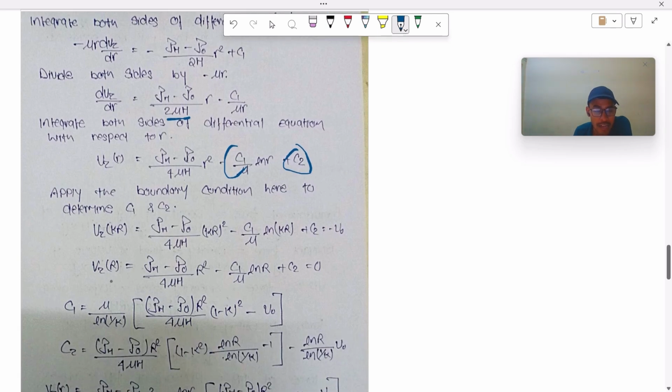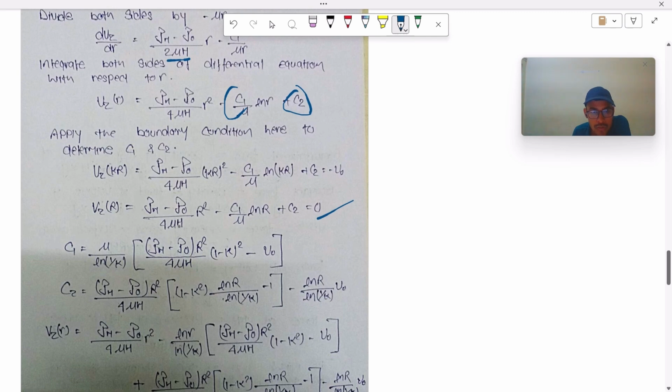And at r is equal to capital R, we have velocity 0, which is the no slip boundary condition. So on solving, we get C1 is equal to mu upon ln 1 by kappa, change in modified pressure into R square upon 4 times mu h into 1 minus kappa square, minus V naught, that is the terminal velocity.